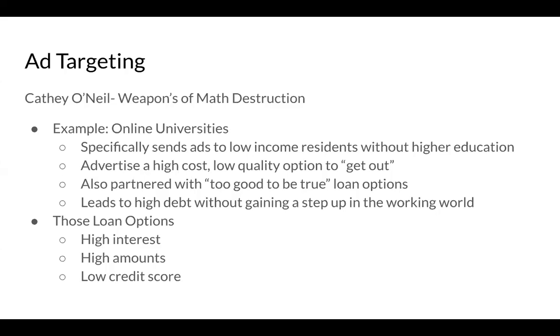And they're actually partnered with loan options that are too good to be true, in the sense that they'll take any credit score and give these loans with high percentages, so that there's a huge loan debt, and the people who do receive education from these for-profit online universities don't actually have the high quality of education that they wanted to pay for. So a trap has happened when targeting specifically low-income residents.